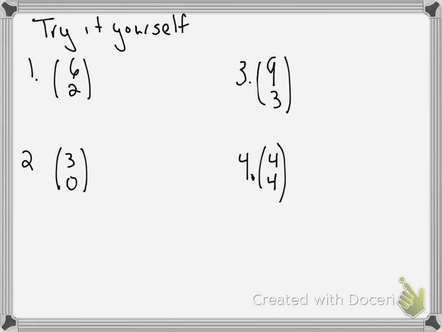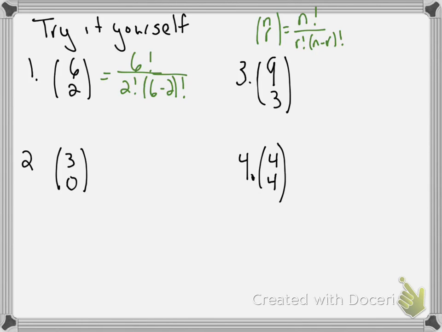Okay, here's the try it yourself. We're still using that same formula: n above r is n factorial over r factorial times n minus r factorial. So we have 6 factorial over 2 factorial times 6 minus 2 factorial. This gives me 6 factorial over 2 factorial times 4 factorial.